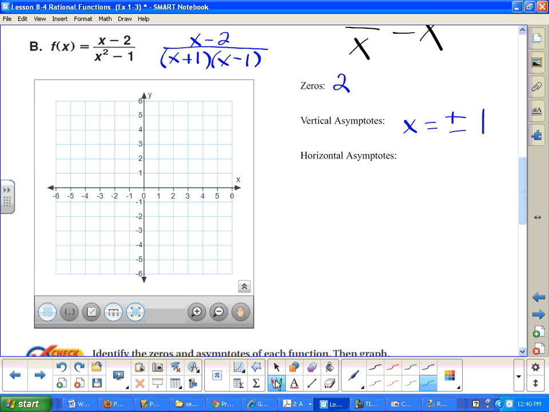Horizontal asymptotes. All right. So I look at my sheet. Look at the degrees. In this case, the degree of the numerator is 1. The degree of the denominator is 2. So the degree of the denominator is larger. And if the degree of the denominator is larger, it's y equals 0.